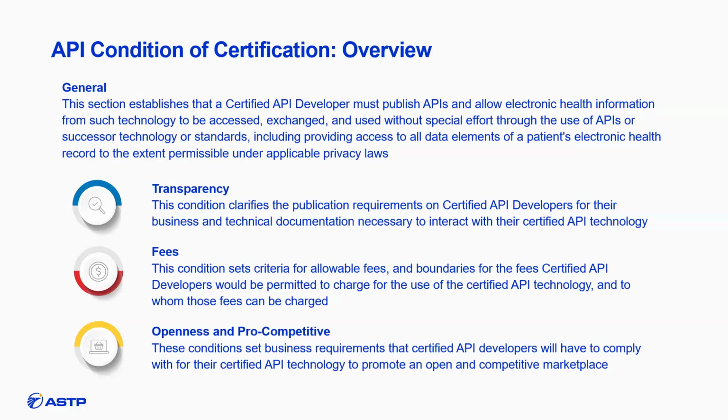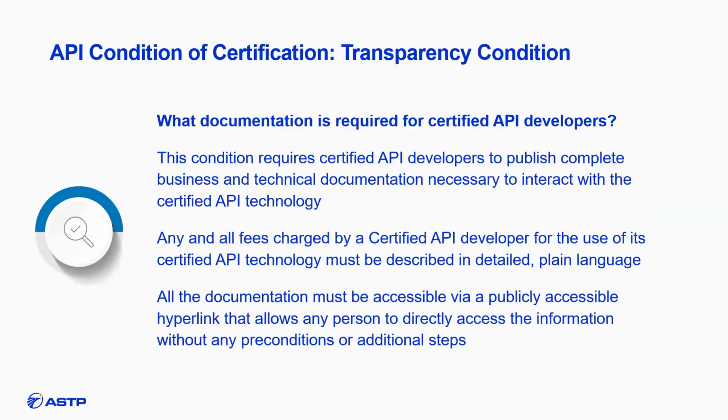The fees section covers the permitted and prohibited fees for certified API developers. And then openness and pro-competitive conditions are requirements for non-discrimination and access to and use of health IT, and also service and support obligations. We can go to the next slide and we'll dive into some of the details.